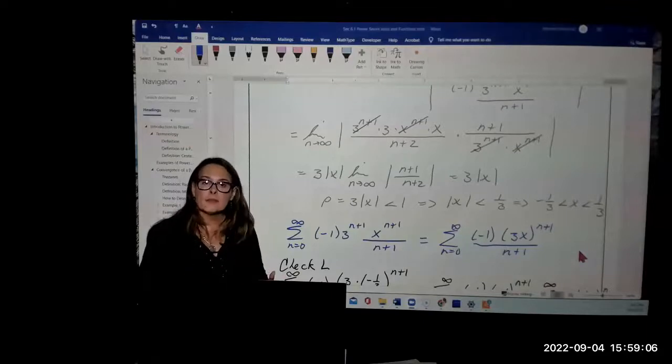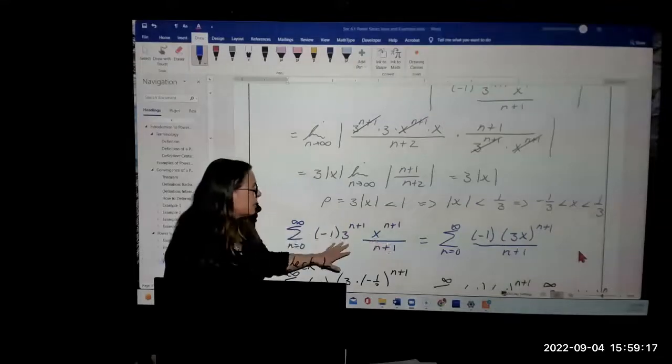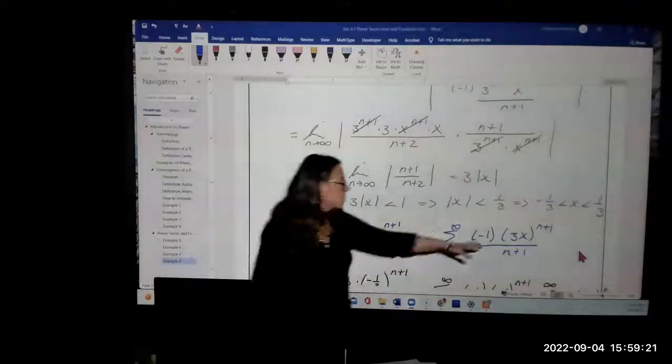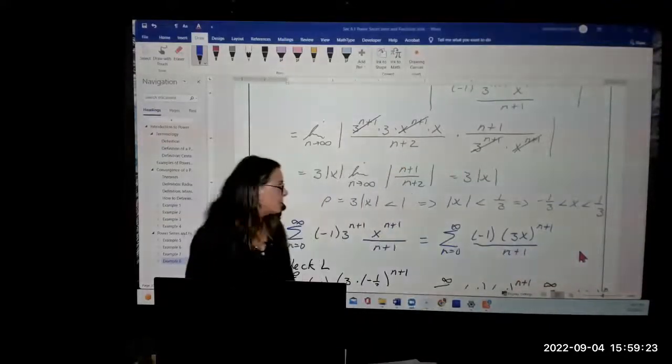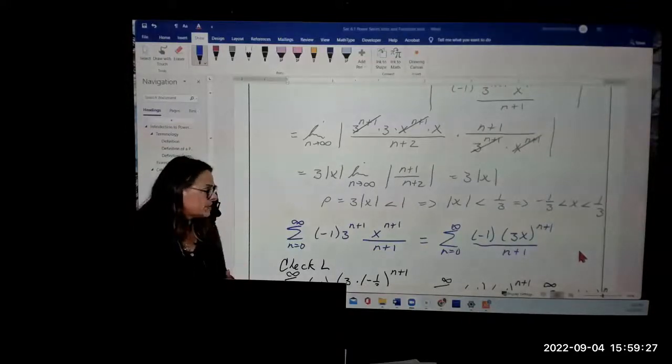But because this came from the ratio test, it's possible that it converges at one or both of the endpoints. So we're going to rewrite the series right here. And I chose to go ahead and combine the 3 and the x into one base with the common power n plus 1 on the outside, just to make the substitution a little bit simpler.